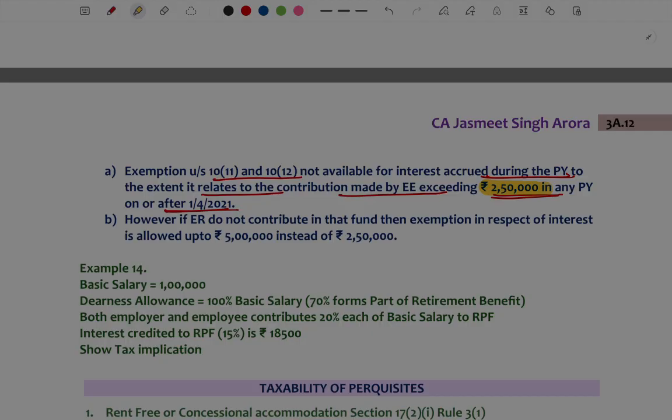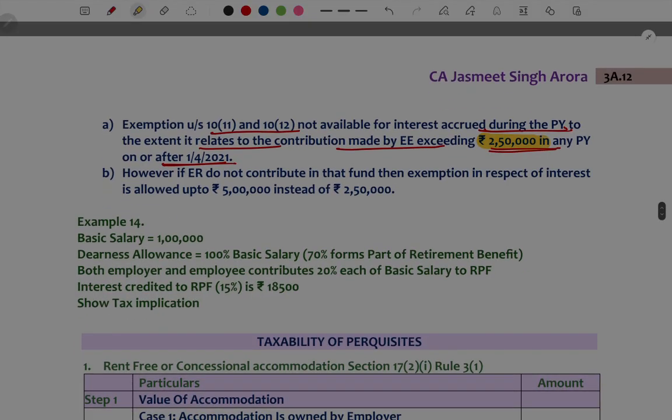Means employee contribution interest would be taxable under other sources, and employer contribution interest under salary. However, if the employer does not contribute, then the exemption limit for the interest goes up to 5 lakh instead of 2.5 lakh.